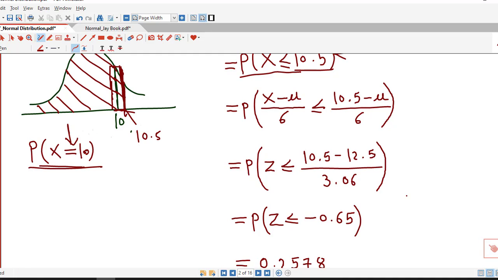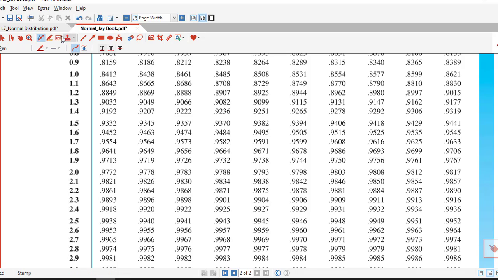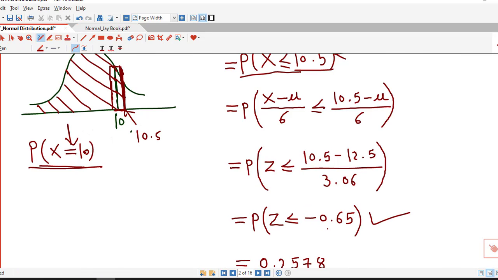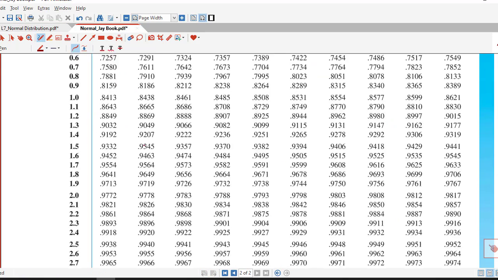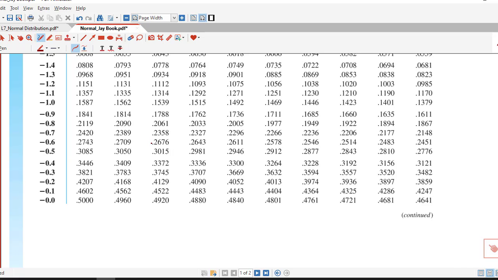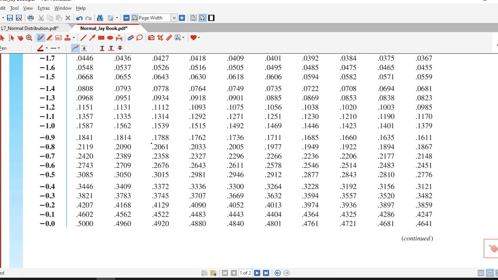Now we can calculate this probability using the standard normal probability table. We require the probability that Z is less than or equal to minus 0.65. So we look for minus 0.6 in this table. This row corresponds to minus 0.6. We are interested in the value of Z equal to minus 0.65, which we can rewrite as minus 0.6 minus 0.05.